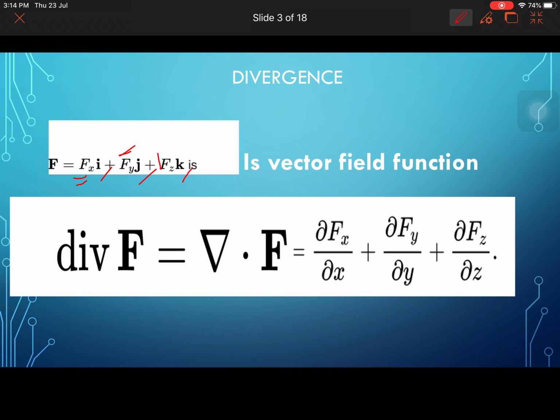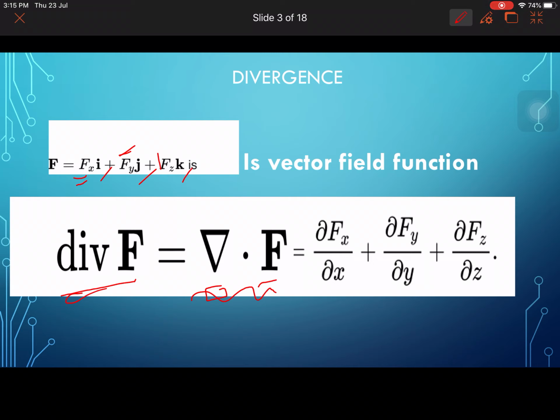By a simple mathematical equation: take the dot product of f bar with the vector differential operator del bar. If you take del bar dot f bar, we call it div f bar, which gives you the divergence of f bar at a particular point P.